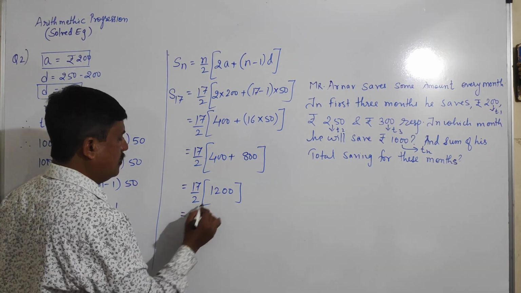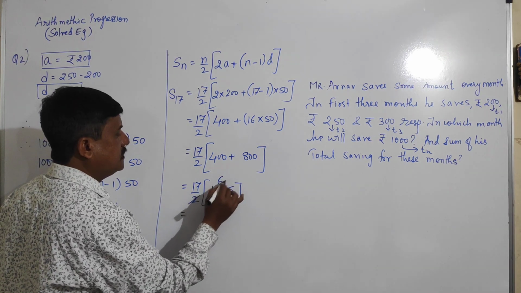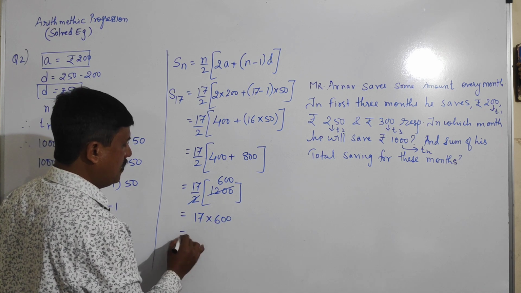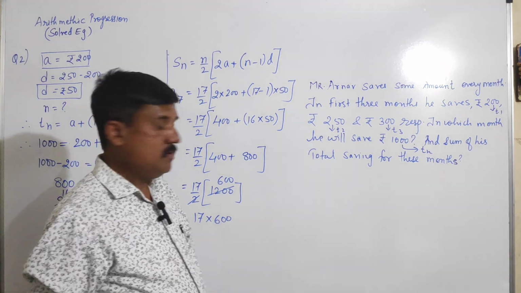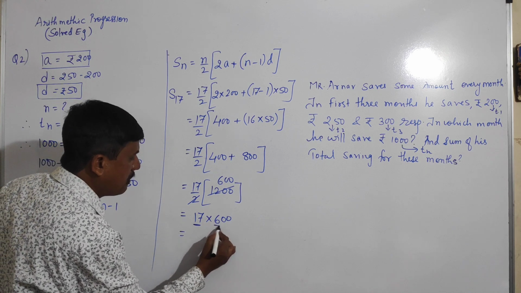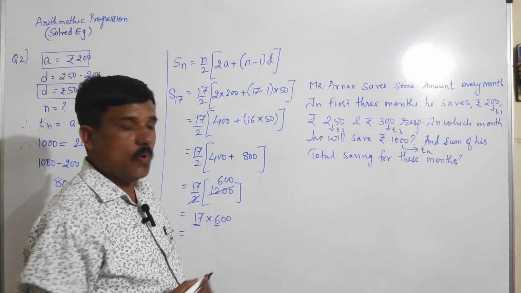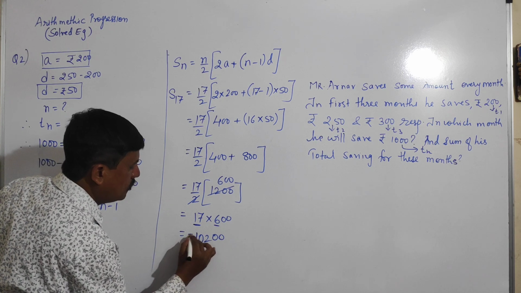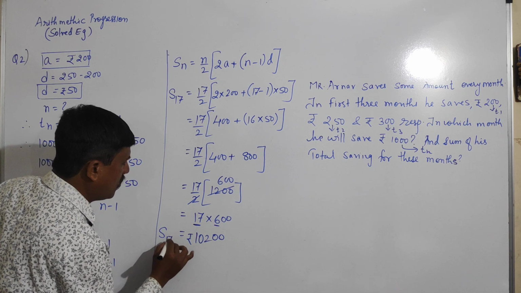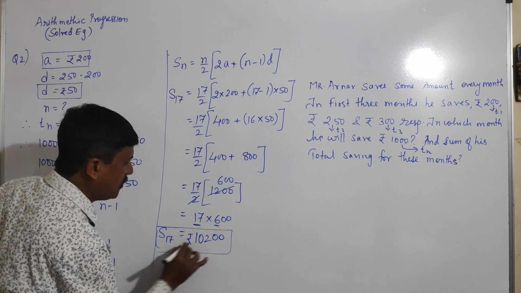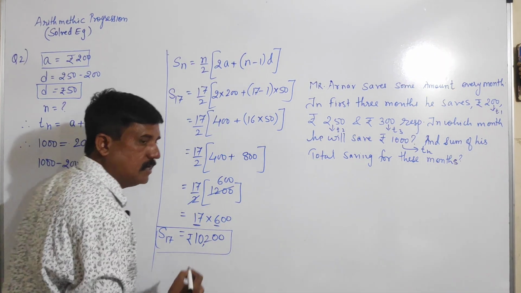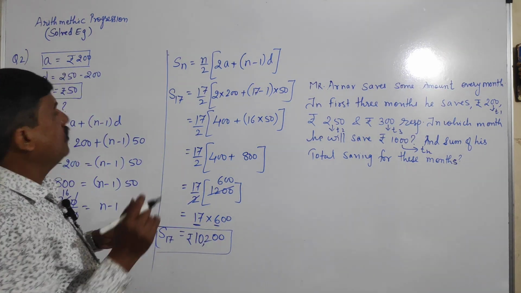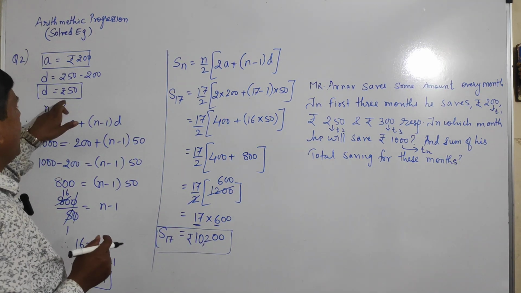Right? ये 2 1 टाइम और ये 600 टाइम. तो 17 into 600. You just have to multiply 17 by 6. 17 6 102, and the remaining two zeros. So the total saving for the 17 months is rupees 10,200.